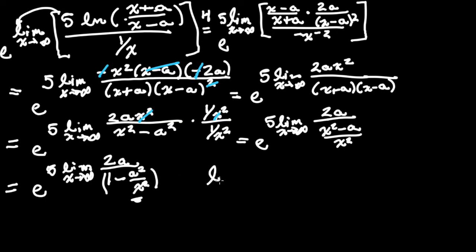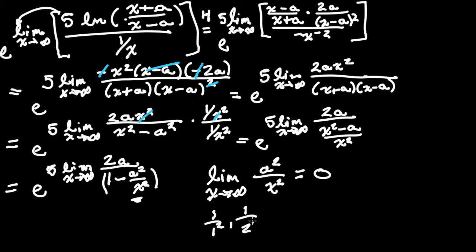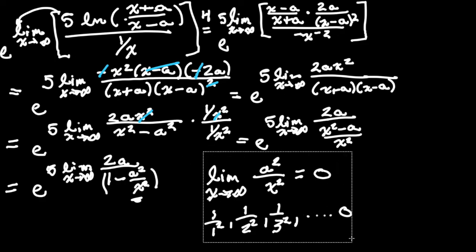And the limit as x goes to infinity for a constant, we can call it a squared if we really want, over x squared is equal to 0. And that's for the reason that if we have 1 over 1 squared, and then 1 over 2 squared, and then 1 over 3 squared, these numbers are going to keep getting smaller and smaller until we get to 0. And so considering that, I'm just going to clear that up a little bit.